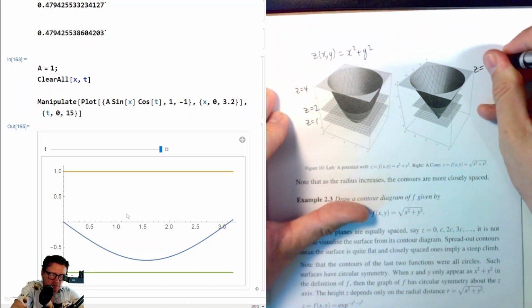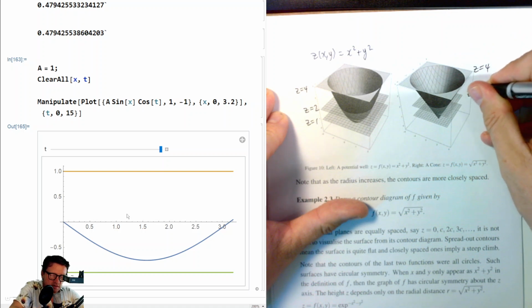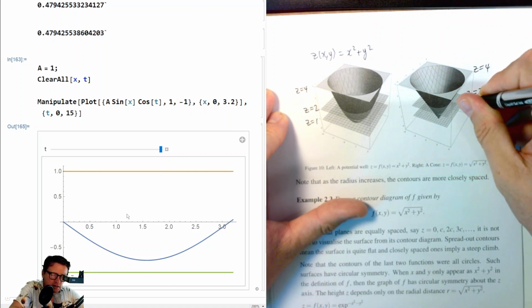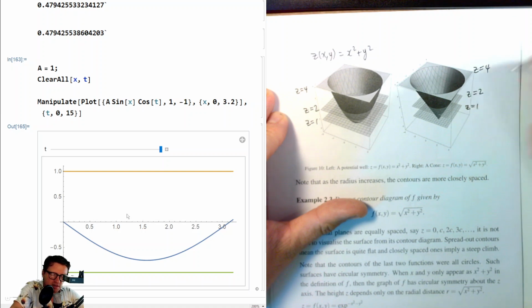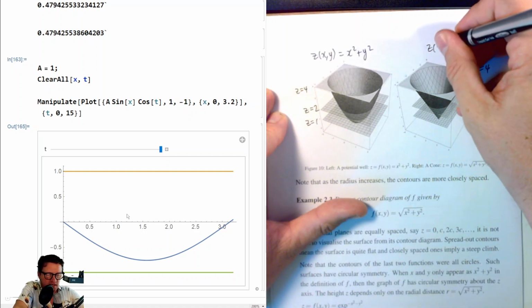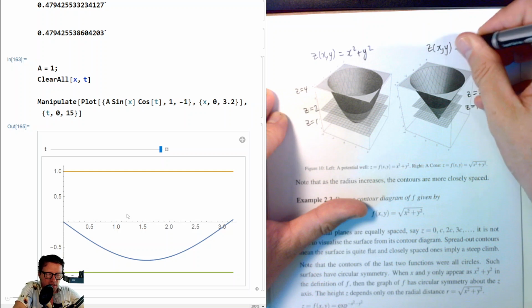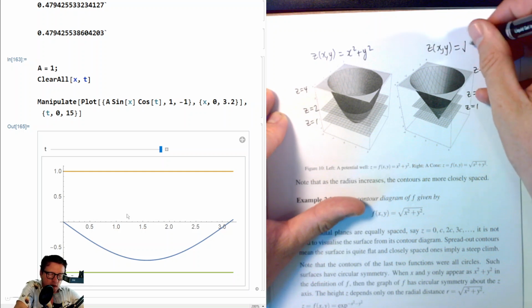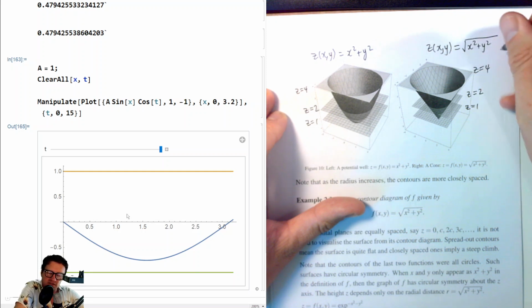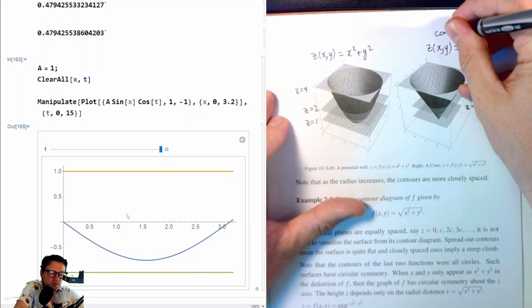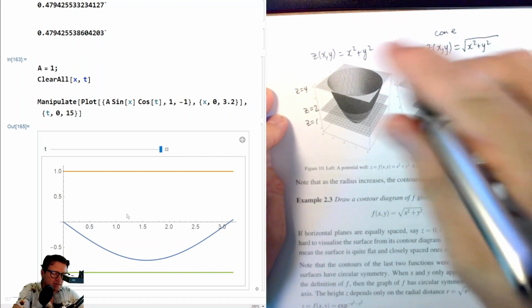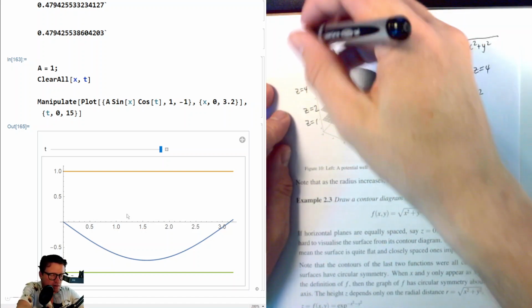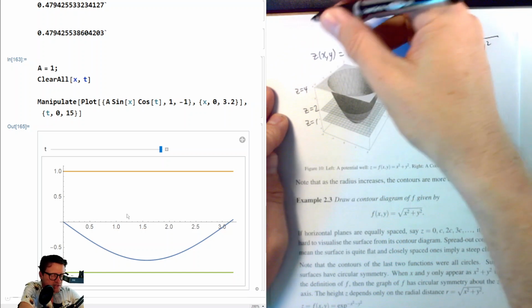Similarly over here, z equals 4, z equals 2, z equals 1, I think. But over here we've got z as a function of x and y, and this time it's equal to the square root of x squared plus y squared. Okay, so this one is a cone, and this one, in physics, it would be called a potential well.